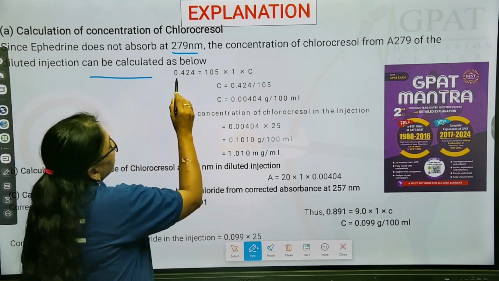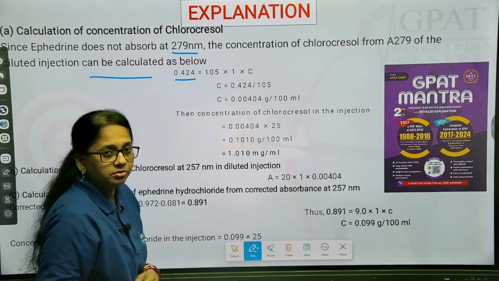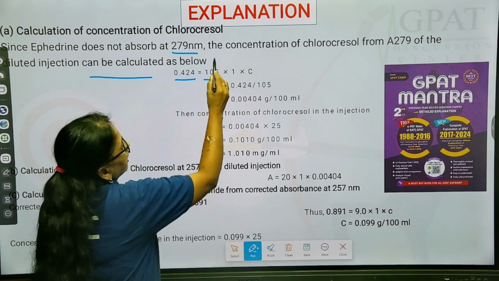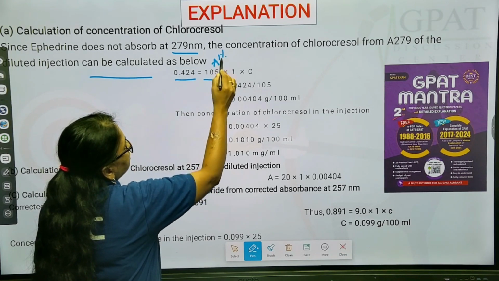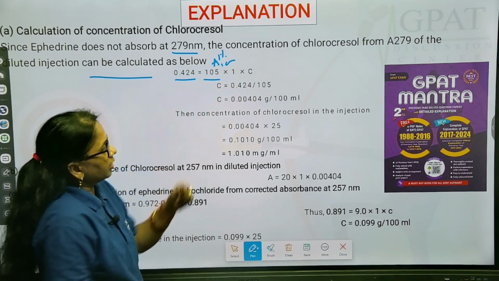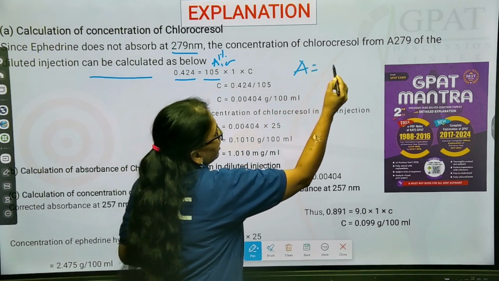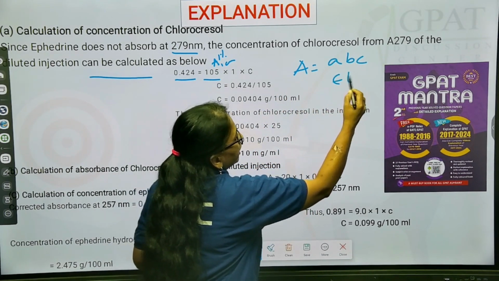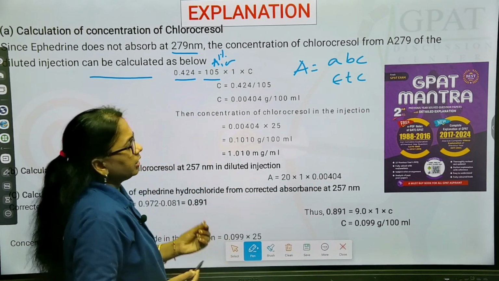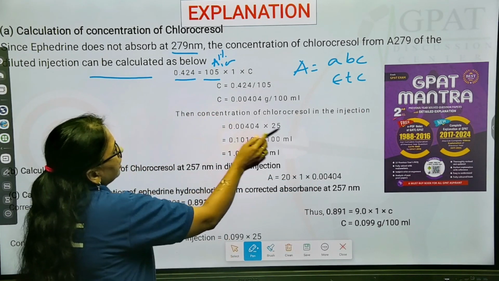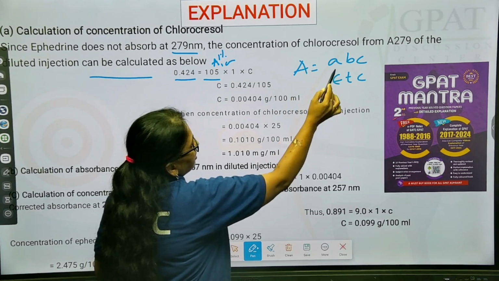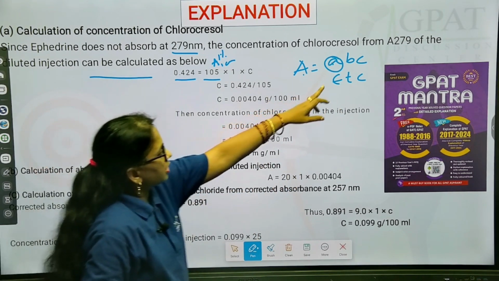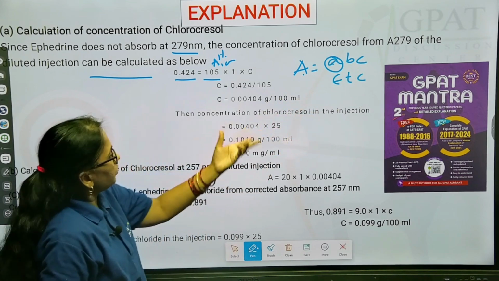So at 279, chlorocresol has the absorbance of 0.424, with an A 1% 1 cm of 105. And we know the equation A equals epsilon b c, the Beer-Lambert law. So A 1% 1 cm is equal to the absorbance value, b is 1, and C is the concentration we need to determine.